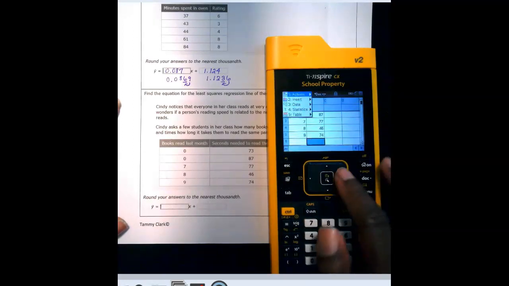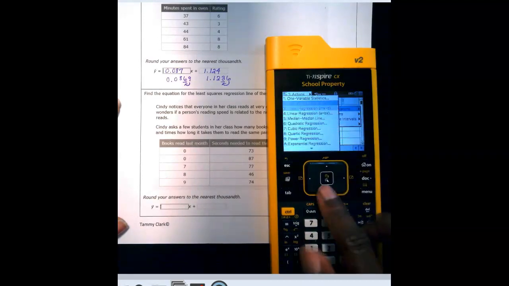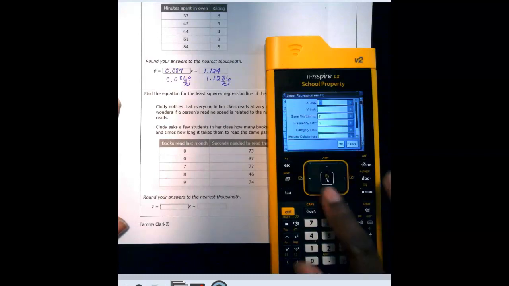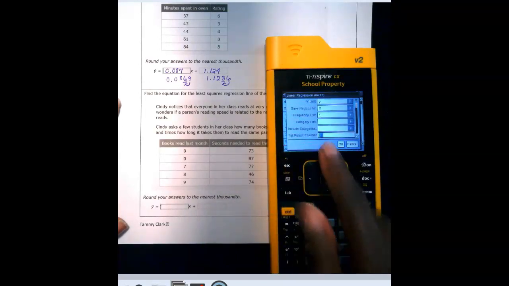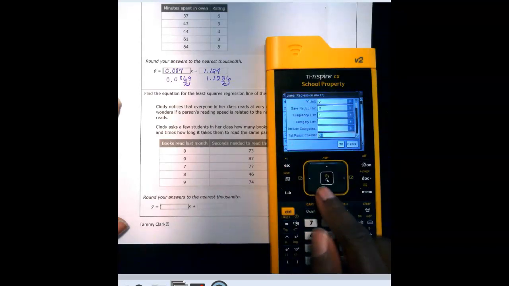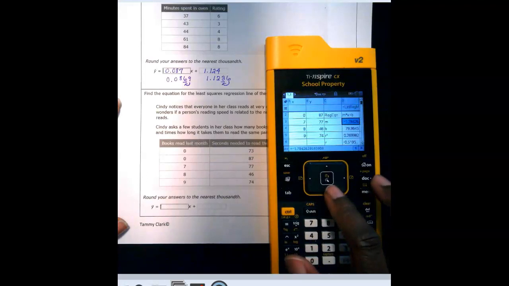And then menu, statistics, stat calculations. I want a linear regression. I'm going to change my X list to X, my Y list to Y. Make sure that my first result column is C or anything greater than C. We look good. Hit enter. And here is our slope.